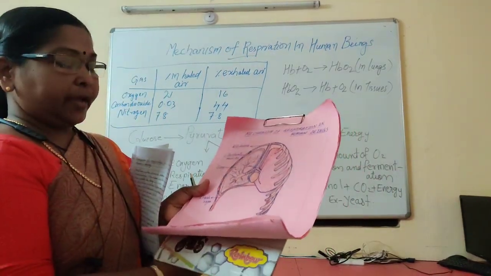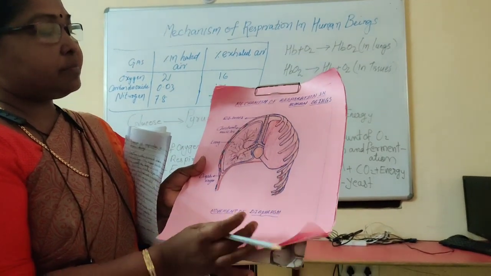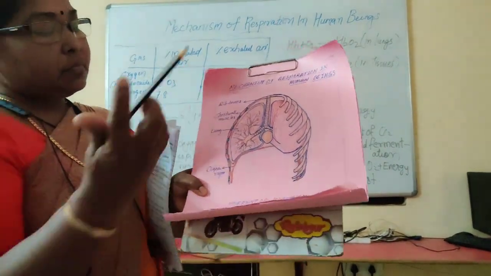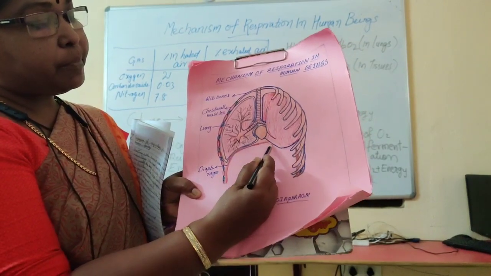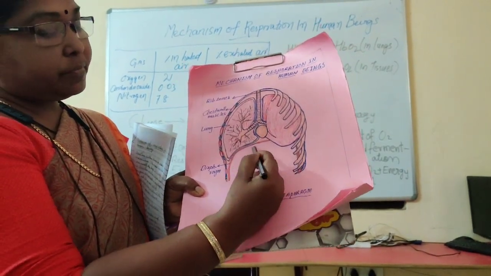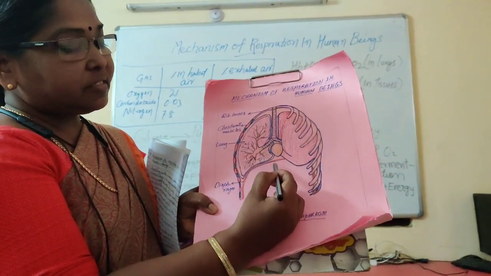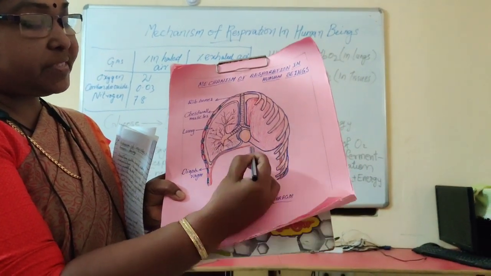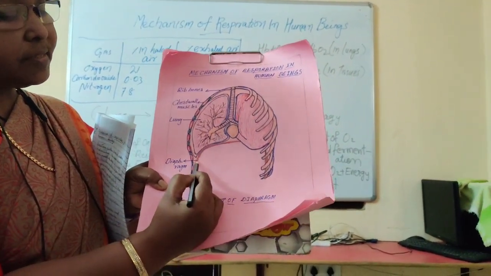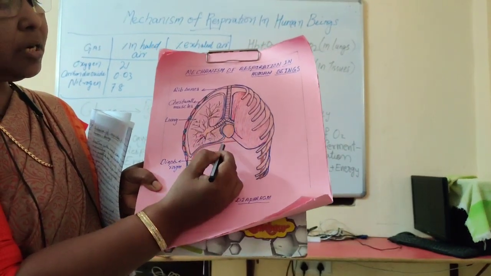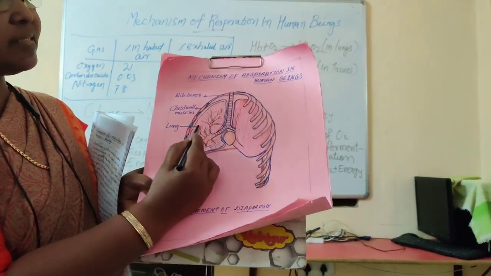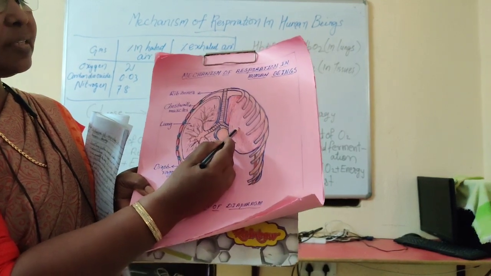This is the diagram of the diaphragm. Here, this dome shape below the lungs is the diaphragm. Just above the diaphragm are the lungs, two parts.